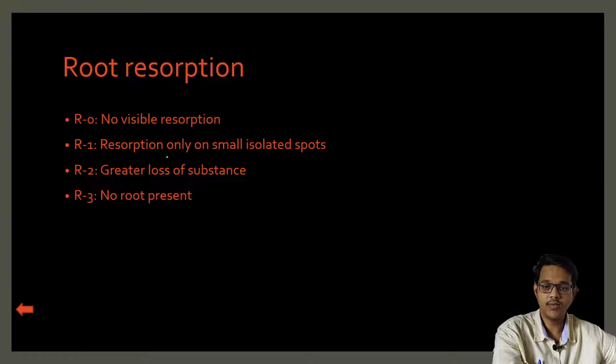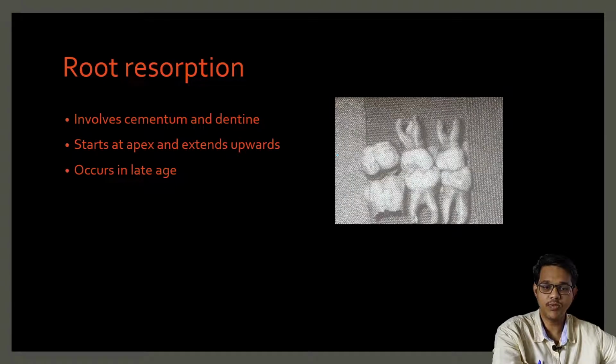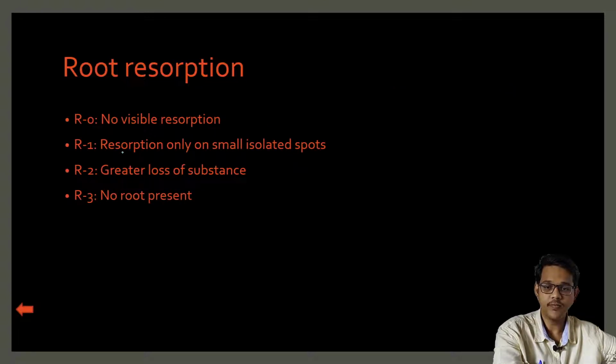R1 is resorption only at small isolated spots. In this image you can see the progression of root resorption. Here the complete root is resorbed and here it has just started at the tip. So it starts at the apex and goes upwards towards the tooth. R2 is greater loss of substance. R3 is no root present.